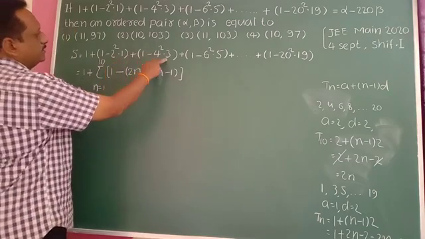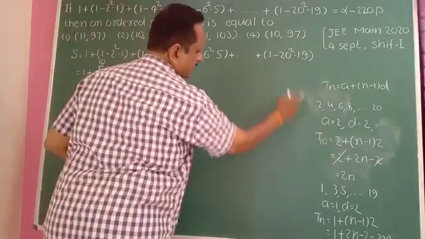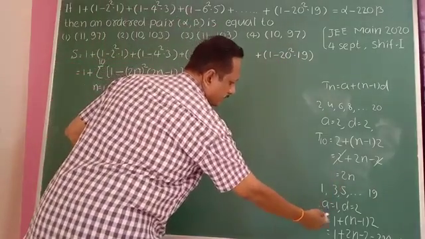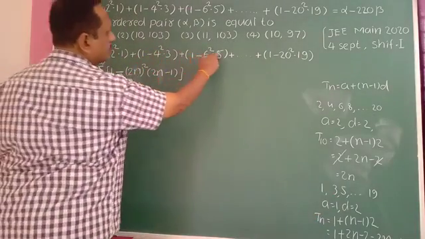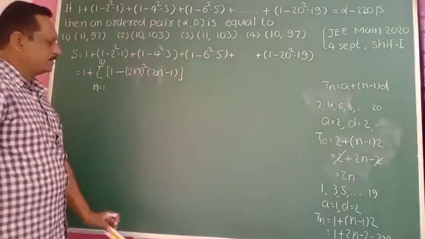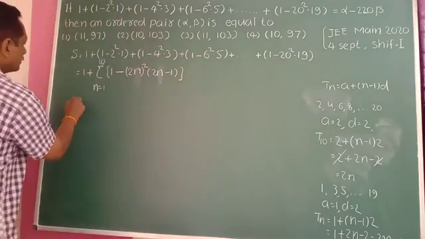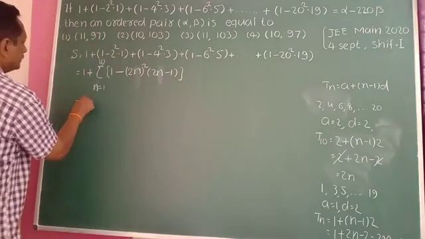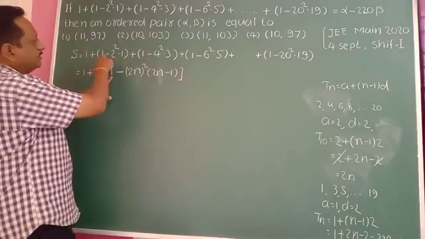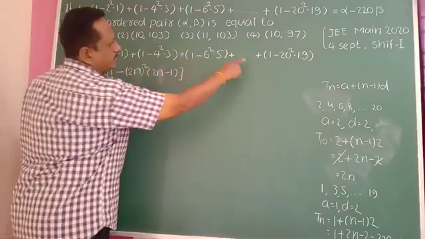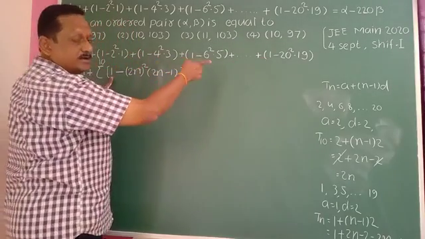And for 1, 3, 5 up to 19, it is 2n − 1, and each term is squared. Therefore this is equal to 1 plus, here there are 10 terms in total, each 1, so these are 10 times 1.